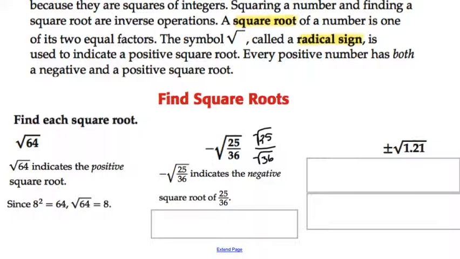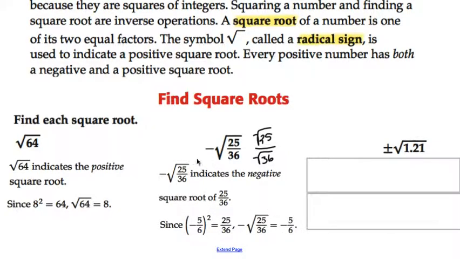The square root of 25 gives us 5, and the square root of 36 gives us 6, and then we just put a negative out front. So negative 5/6 is our answer. If we were to go backwards and square negative 5/6, it gives us 25/36, but we're looking for the negative value.